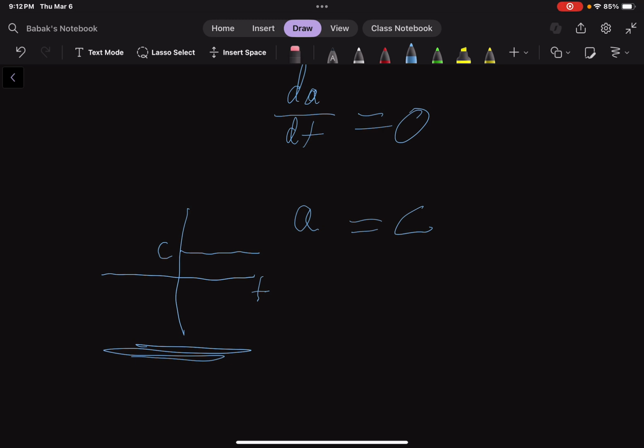Now that we have that, we could say that when we integrate this, acceleration can be written as dv over dt, the instantaneous change in speed, which is equal to c.